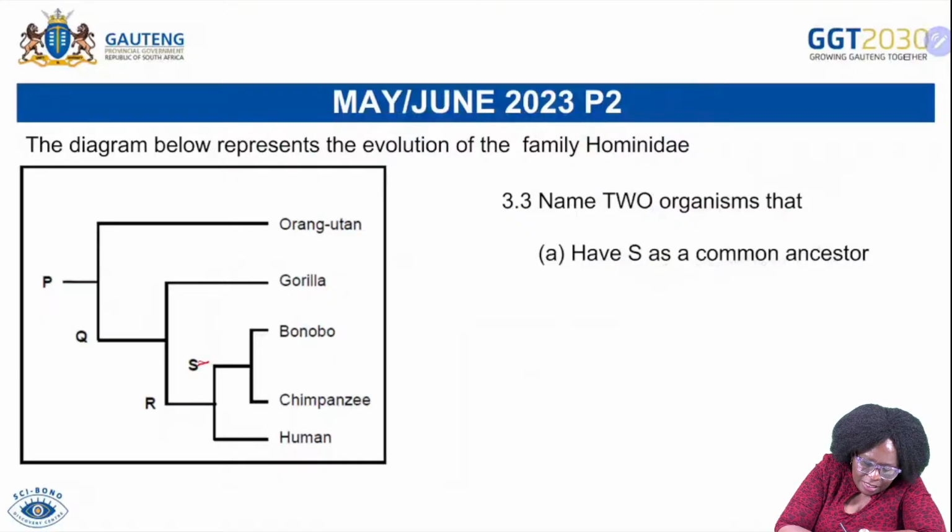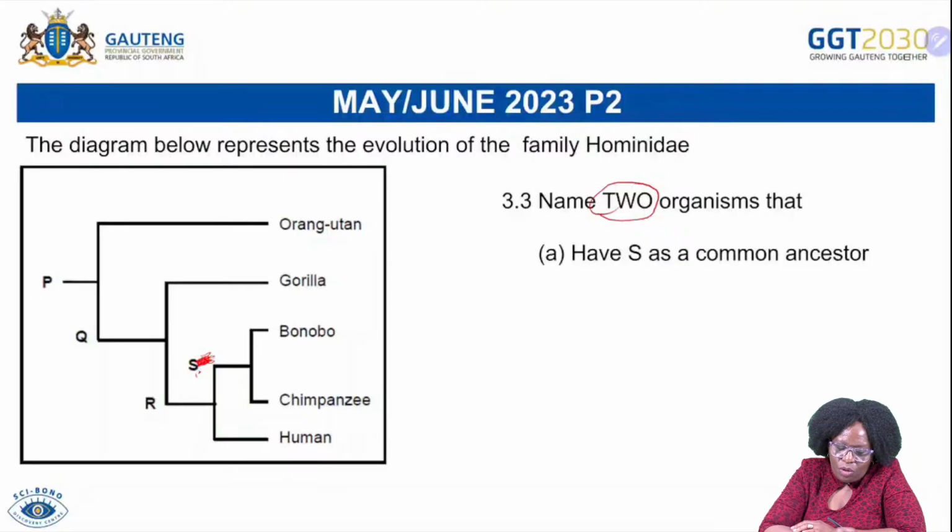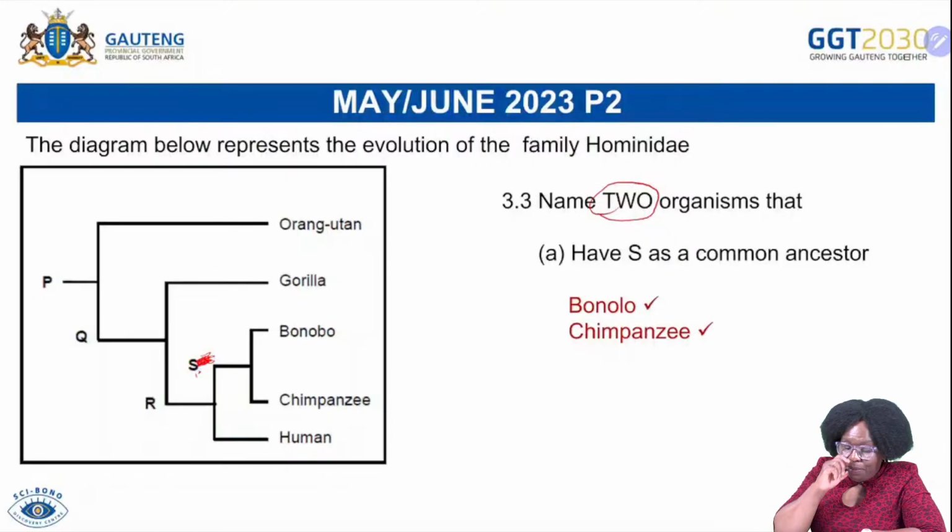Here is S, and our S is the ancestry. But how many organisms are we looking at? You are naming two organisms that have this S as their common ancestor. Let's see what your answer is going to be. It is bonobo and chimpanzee.